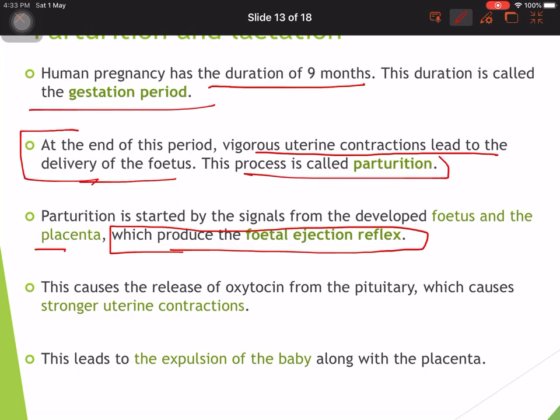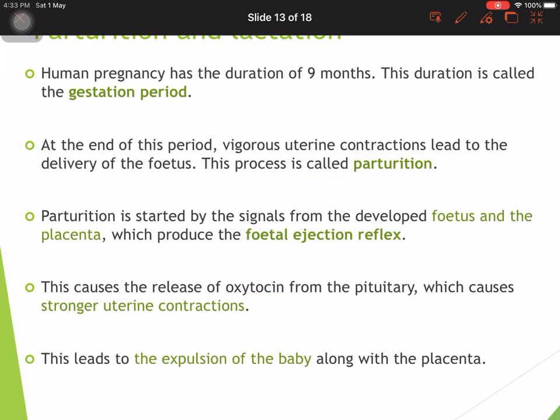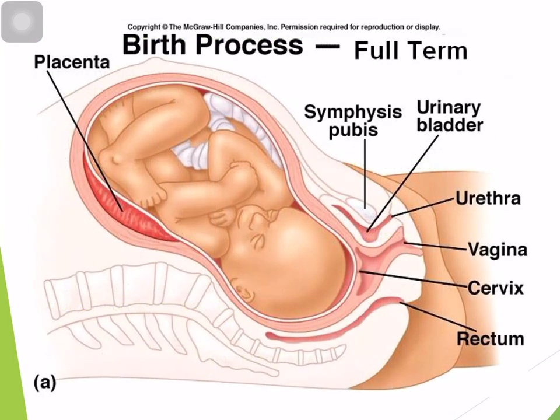This causes the release of oxytocin from the pituitary, which causes stronger uterine contraction. So the hormone name you have to remember, which hormone is produced, and this leads to the expulsion of the baby along with the placenta. So the baby comes out along with the placenta. So this is the different process you can see after the complete baby formation. This is the birth process: symphysis pubis, urinary bladder, urethra, vagina, cervix and rectum.